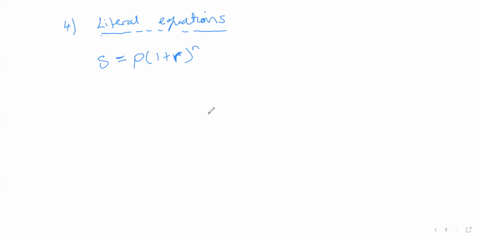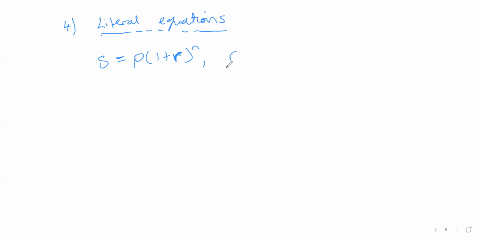So in literal equations, we only have letters. However, it's usually indicated which of them is the variable. So you could be asked to solve for R in this equation.